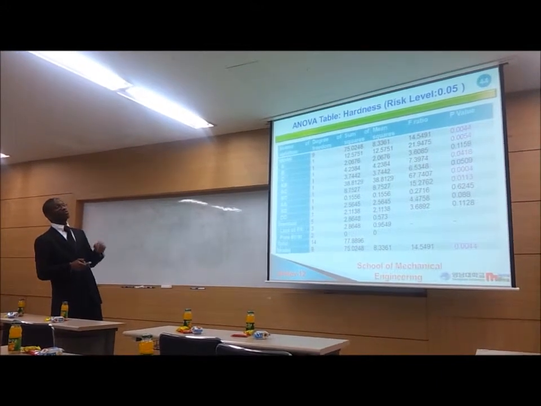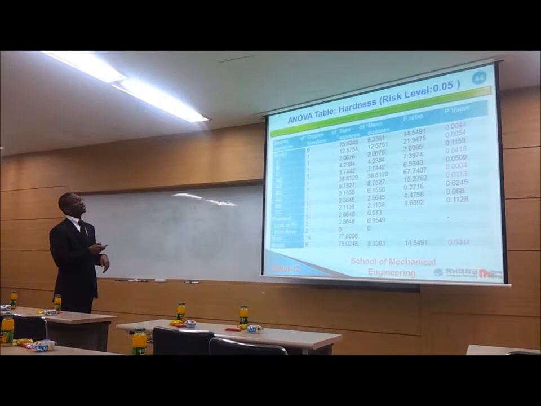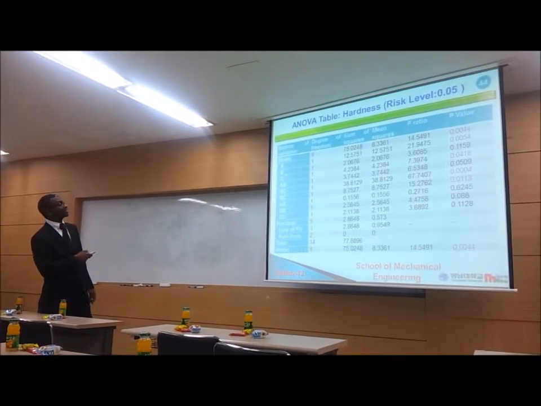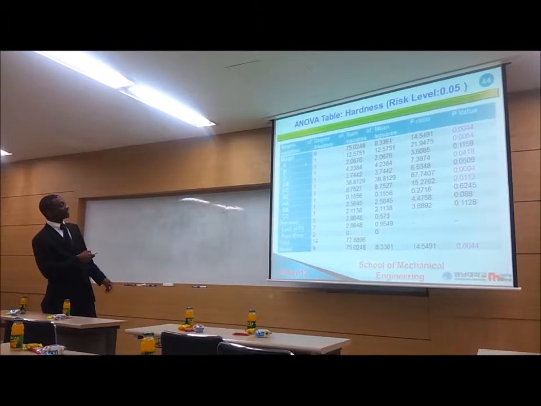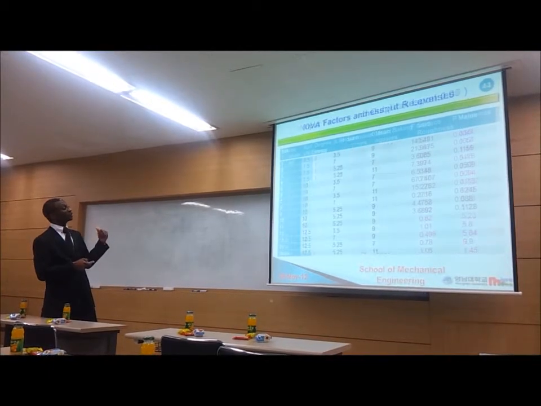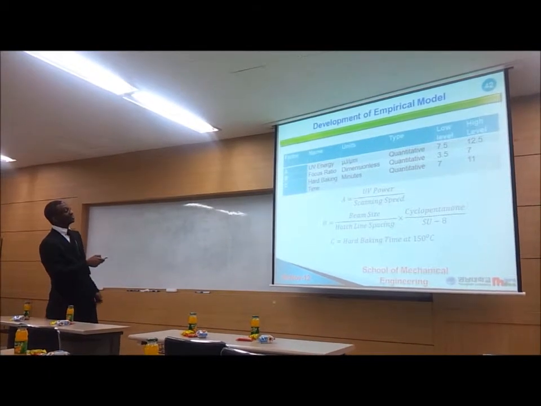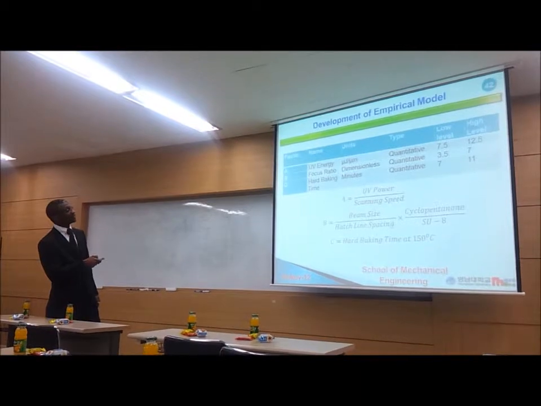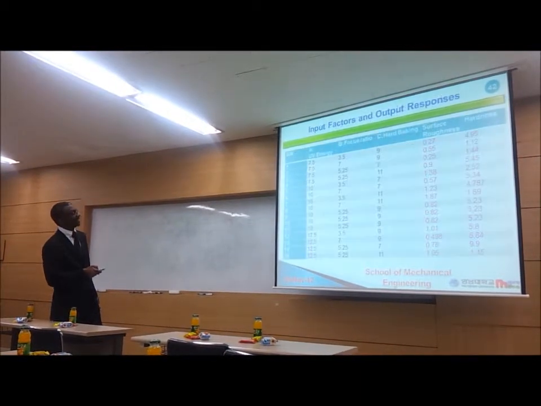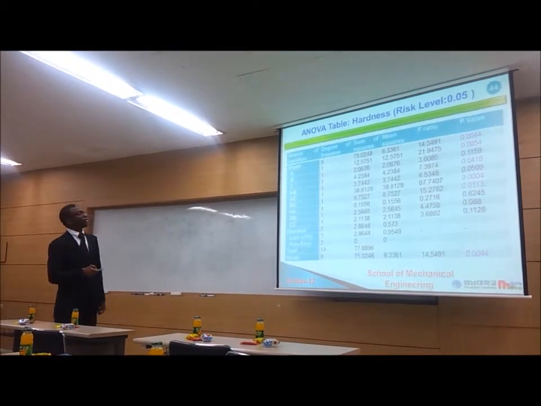It means this is a very important parameter. When we looked at this hardness, we gave the parameters names like A, B, C, D. If we go a little bit back, A is energy, B is focal ratio, and C is hard baking.